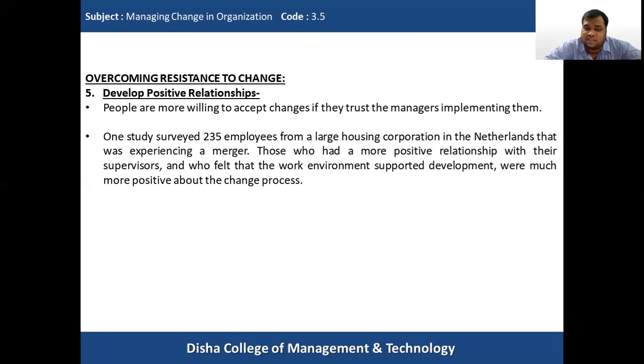So a study was done, and it was found that those who had a positive relationship with their supervisors, who felt that the work environment supported development, were much more positive about the change process.